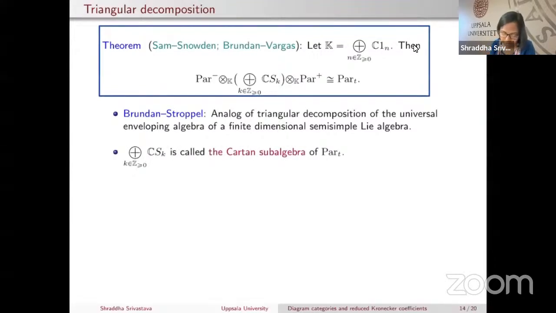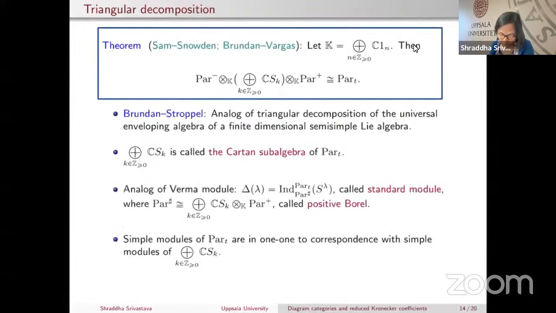What they call the direct sum of all symmetric group algebras is the Cartan subalgebra of the path algebra of the partition category. And this is semi-simple. So as in the case of semi-simple Lie algebras, we can start with a representation here, make it a representation of the so-called positive Borel, and then induce it to the whole algebra.